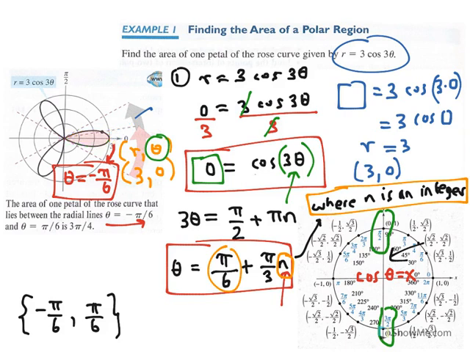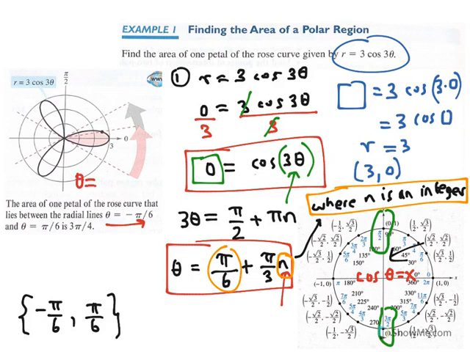So those are sufficient for our purposes, which is to find the limits of integration that we need that correspond to the radial lines theta is equal to negative pi over 6, which is shown here. This is the radial line theta is equal to negative pi over 6. And the radial line theta is equal to positive pi over 6, which is shown here.